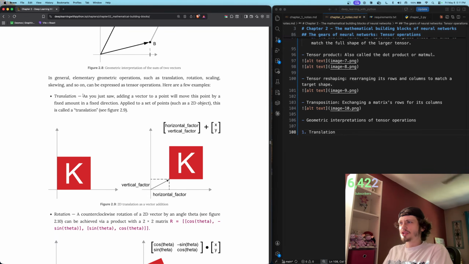Okay, so translation, adding a vector to a point. Adding a vector to a point will move this point by a fixed amount in a fixed direction.